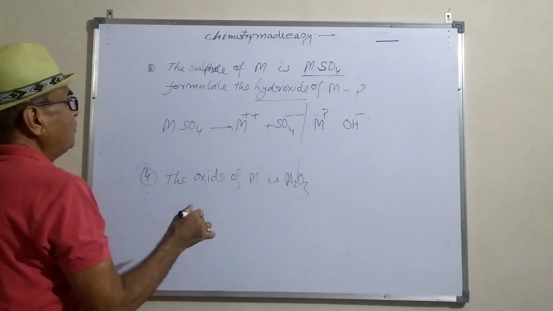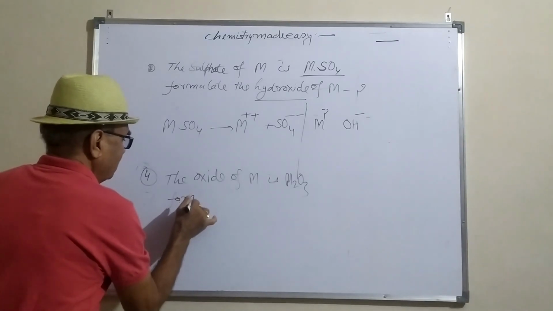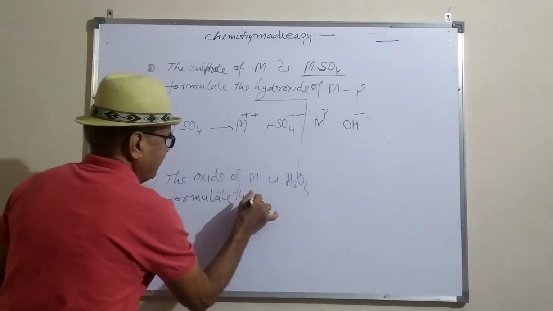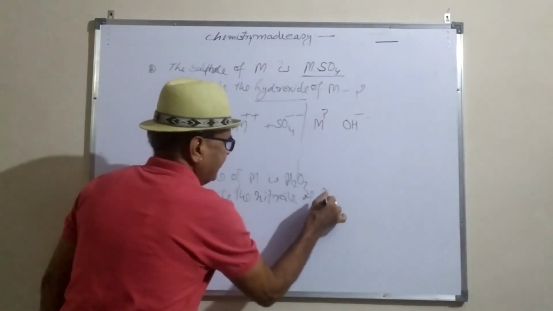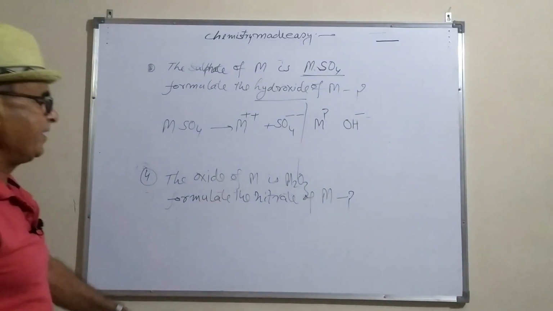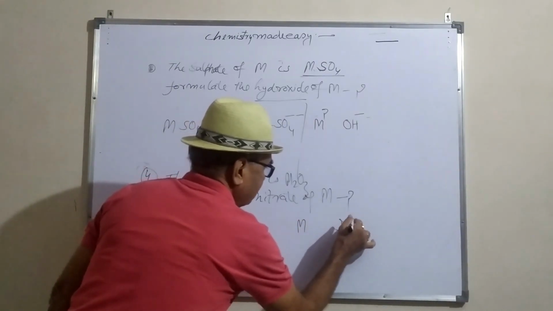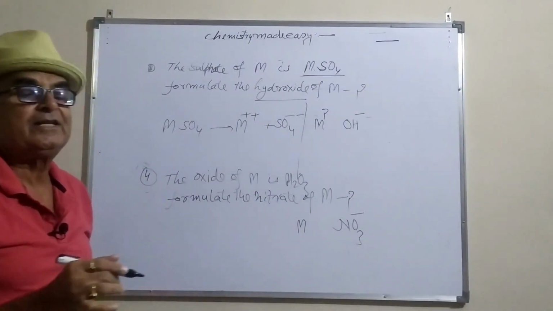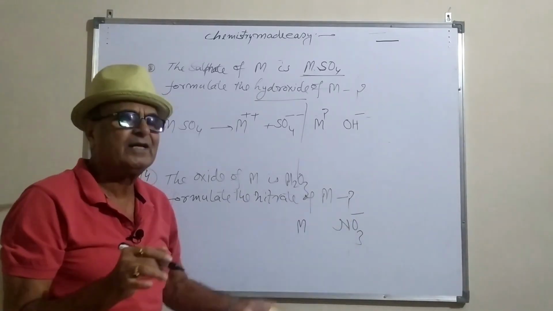Then formulate the nitrate of M. When you go to the formulation of the nitrate, M and NO3. So NO3 carries one negative charge. The valency of the NO3 is one negative.